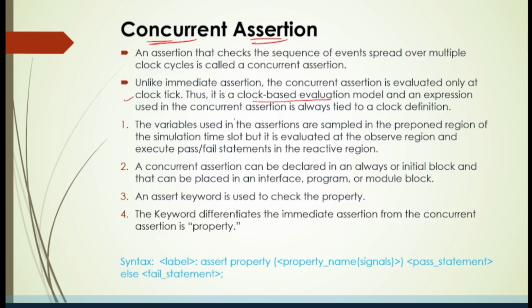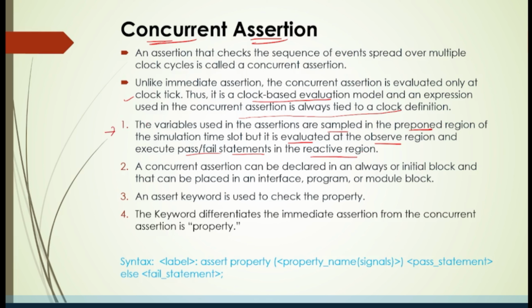So a concurrent assertion is always tied to a clock definition. As we already discussed, these are sampled in the preponed region and evaluated in the observed region, and any pass or fail statements are produced in the reactive region. So this is about the concurrent region.